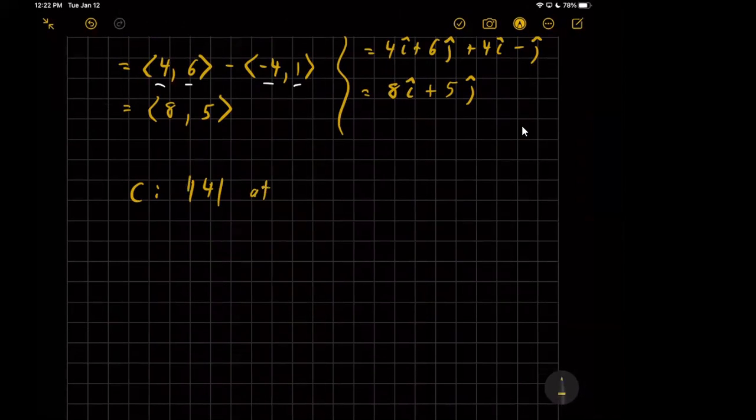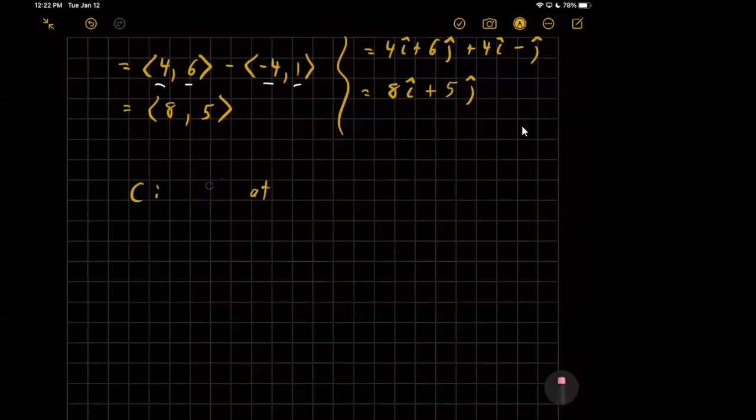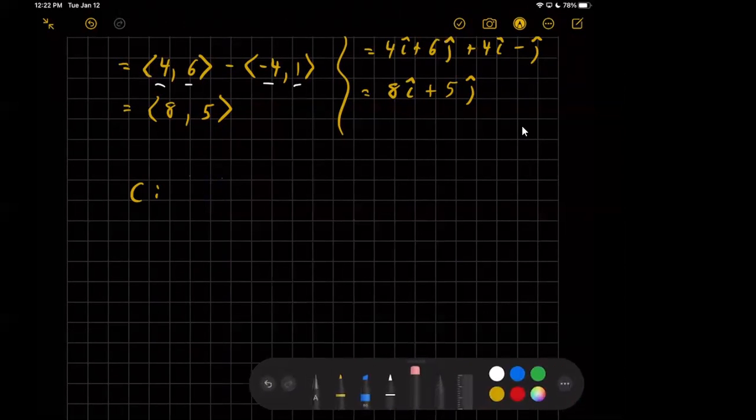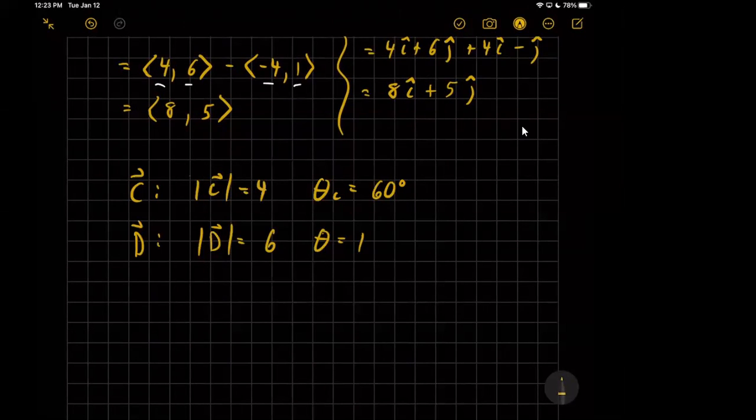So the magnitude of C is 4 and the direction of C is 60 degrees. And then we'll have a vector D such that the magnitude of D is 6 and its direction we'll say is 130 degrees.